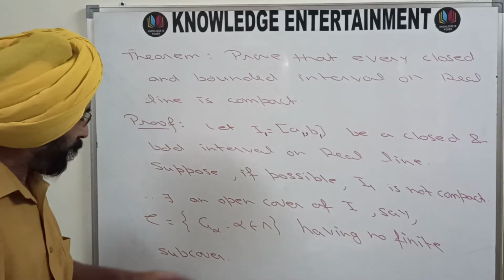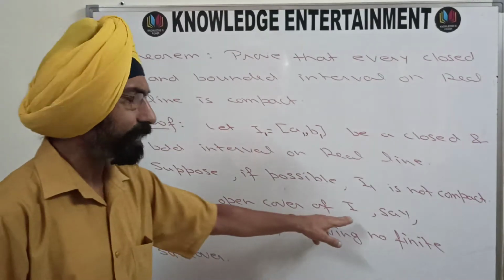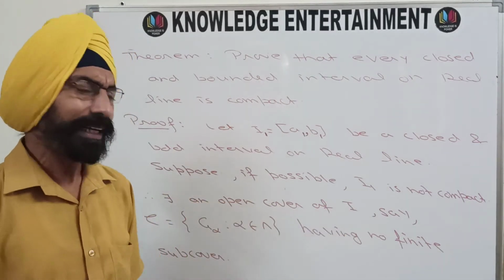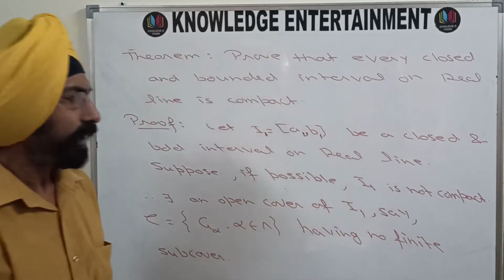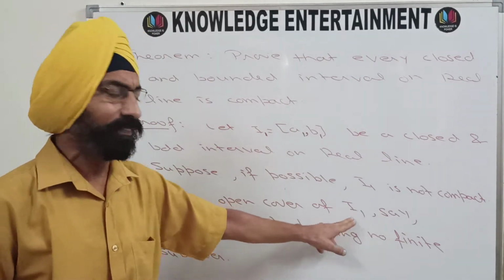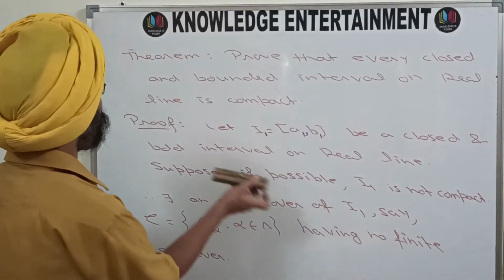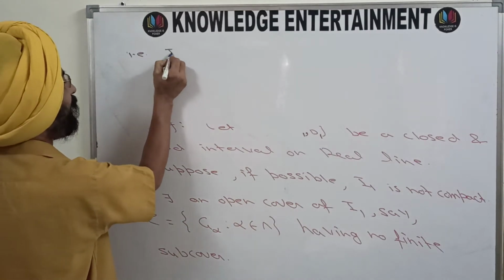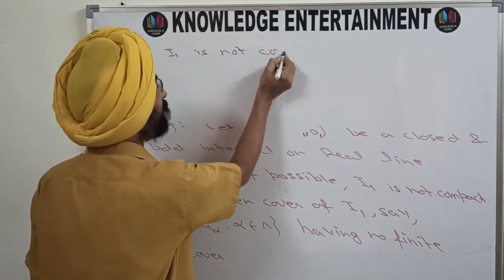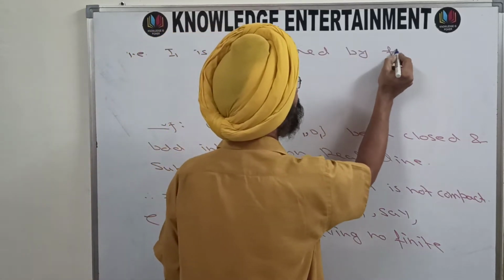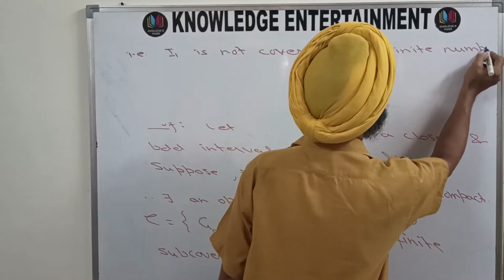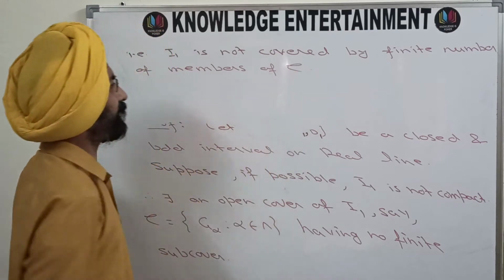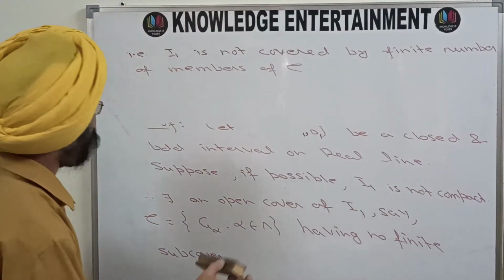That means the union of the members of C will cover I, but any finite subcollection of C cannot cover I. Or you can say that I1 is not covered by a finite number of members of C.